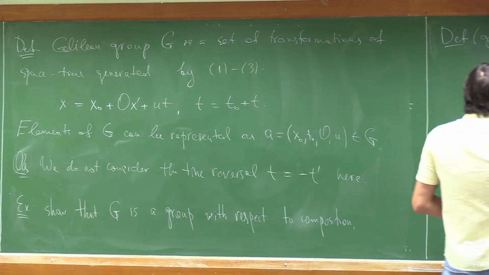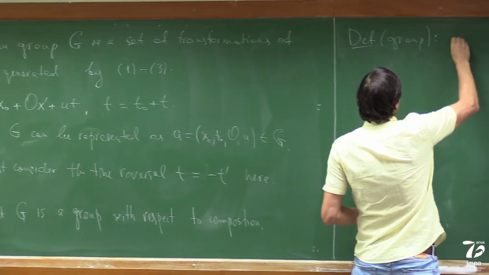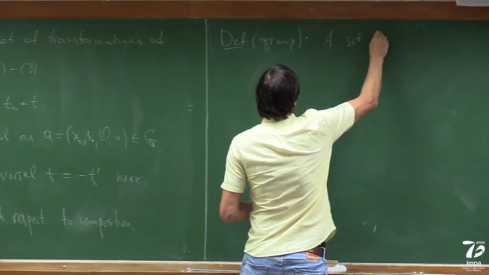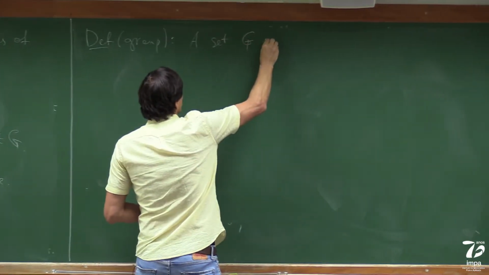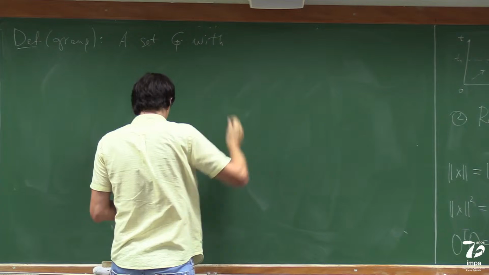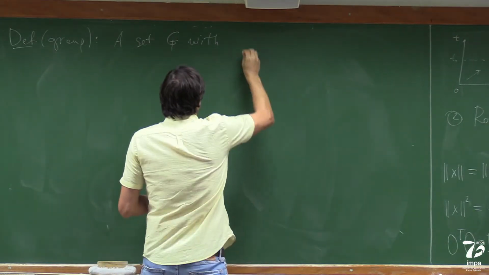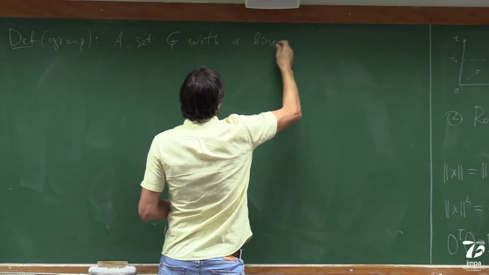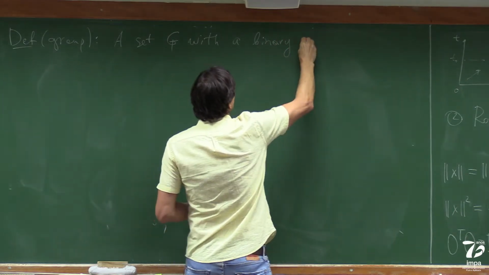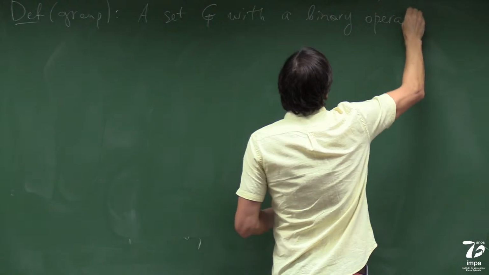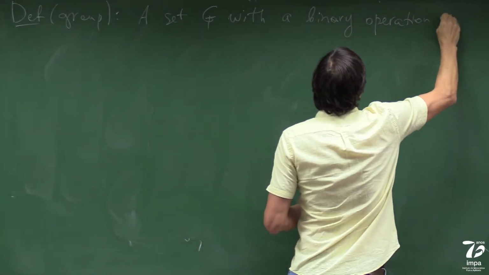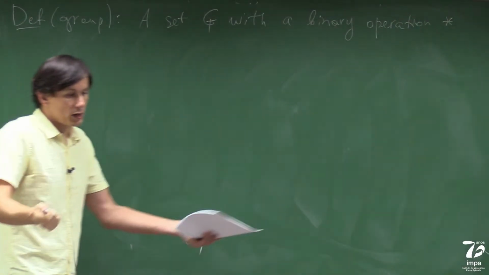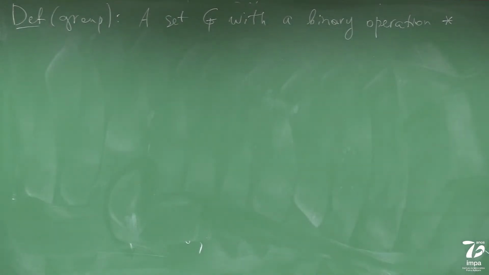So the definition of a group is any set G with a binary operation. Binary operation means that given two elements A, B, it gives you another element.